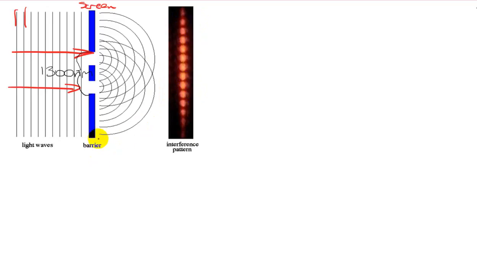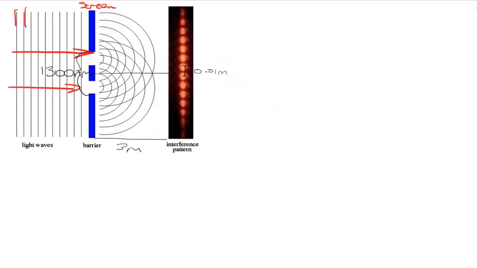Now the distance between the barrier and the screen, I'm going to say is 3 meters as an example. And the distance from the central maximum, remember the central maximum is this central antinodal line, to the first antinode up here, let's say is 1 centimeter, so 0.01 meters.